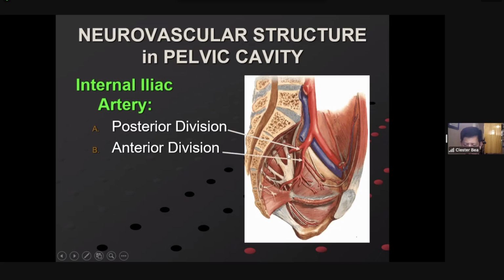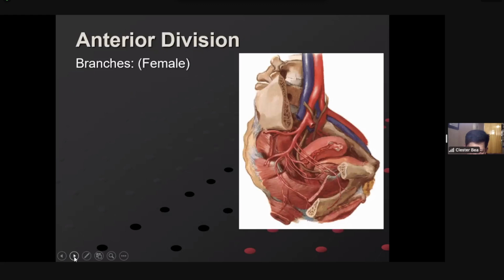The posterior division gives off branches that go to the wall of the pelvic cavity, while the anterior division gives off branches that supply the visceral organs within the pelvic cavity. Although some of these branches go out of the pelvic cavity, some of them supply the visceral organs.